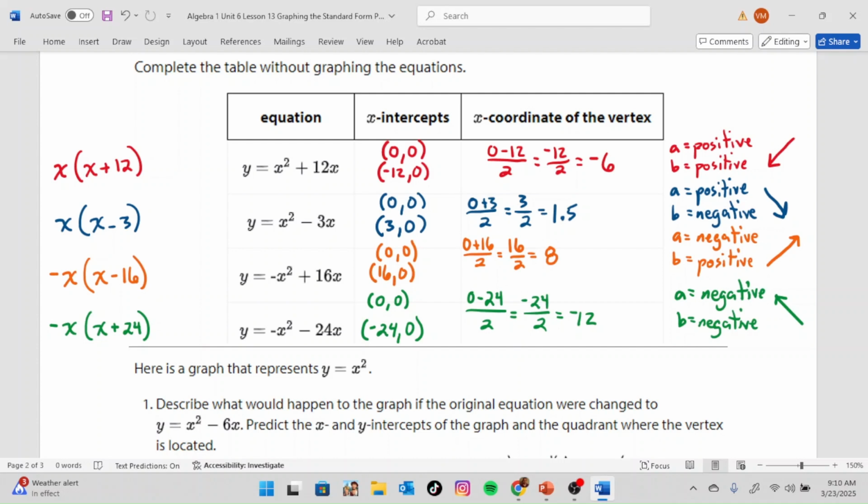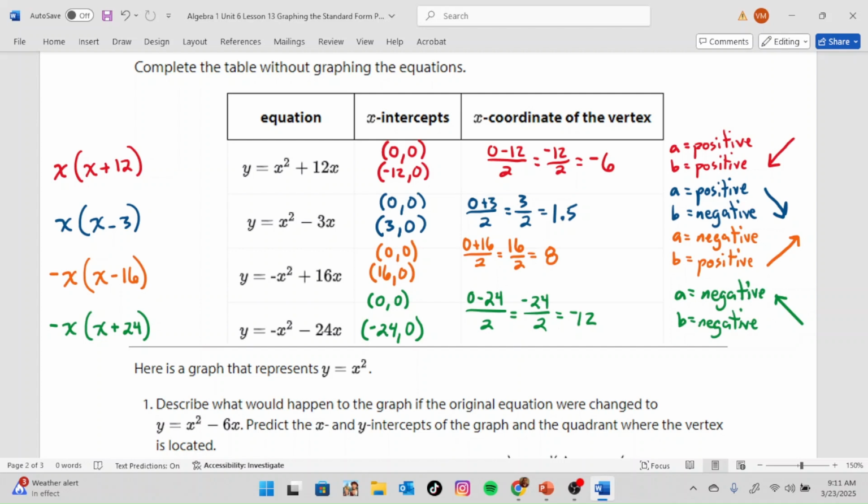So now we can see that the b term works with the a term to determine how it shifts. If they are both positive, then it shifts down and to the left. If the a is positive and the b is negative, it shifts down and to the right.